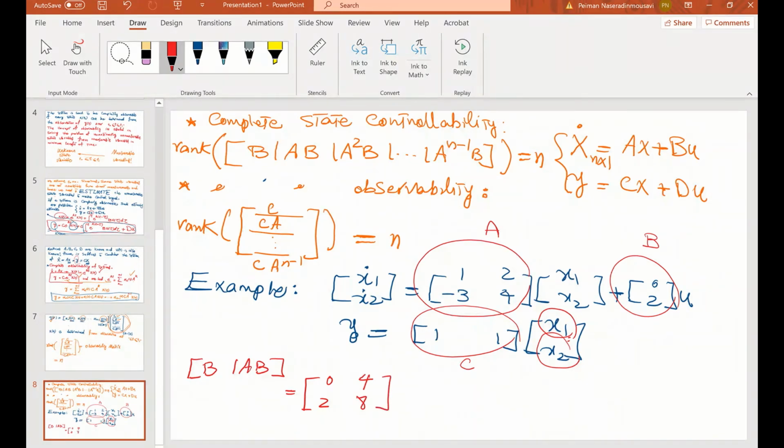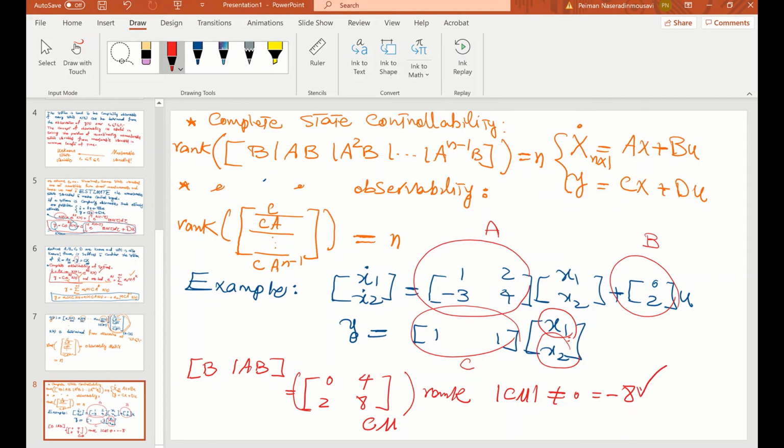Right? So this is the controllability matrix. We have to find the rank of this. The easiest way for a square matrix is to find the determinant, which is non-zero. It is minus 8. Right?